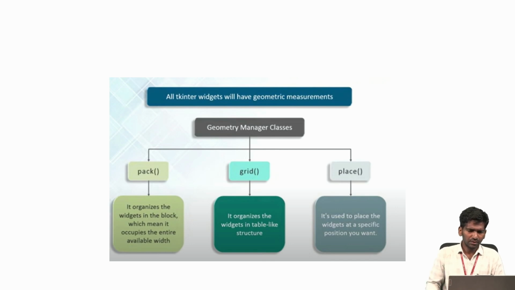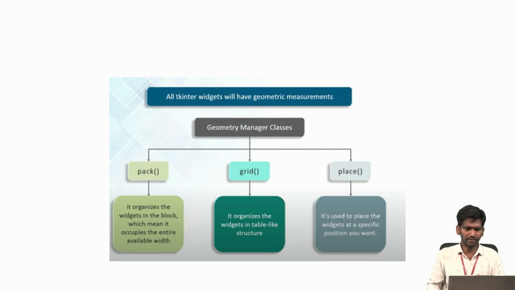As of now, these are the geometry managers. That means your radio buttons and your login button should appear on the left side, right side, top side, bottom side, or in center alignment. All those arrangements are possible with these geometry methods.